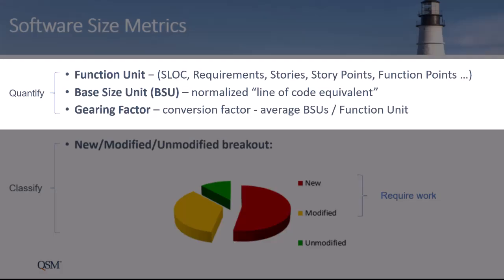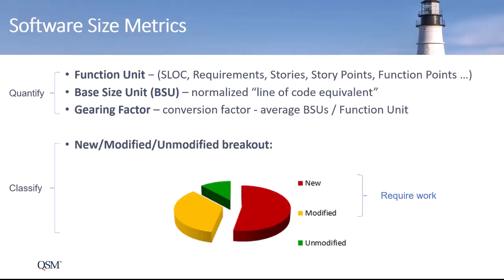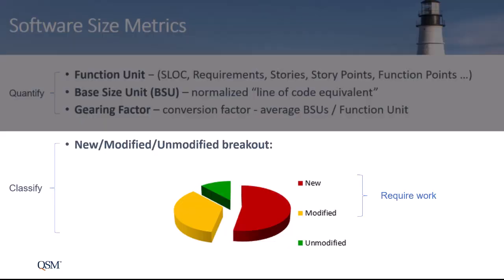It provides a common baseline for comparing projects sized in different function units. You can think of it as the most elementary development step. And the gearing factor, a conversion factor, the average number of steps required to implement a requirement, function point, or other function unit.